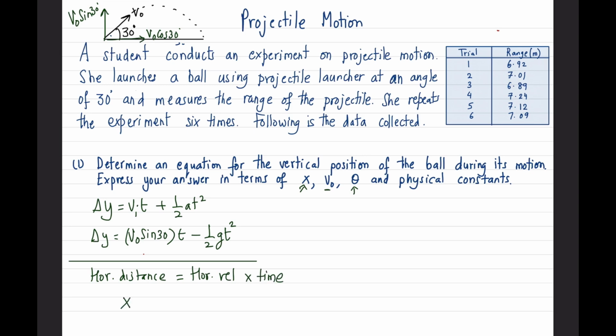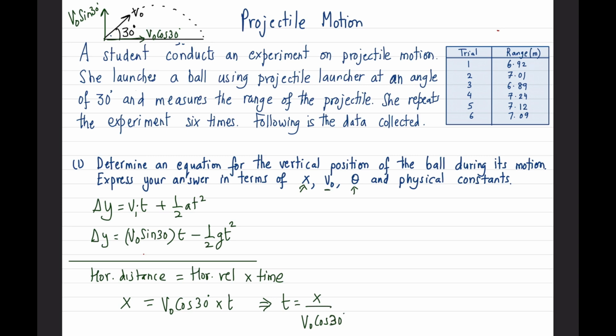Horizontal distance, let's write that as x. Horizontal velocity, from the diagram, is v0 cosine 30. So x equals v0 cosine 30 multiplied by time. We can rearrange this equation and write t equals x over v0 cosine 30.